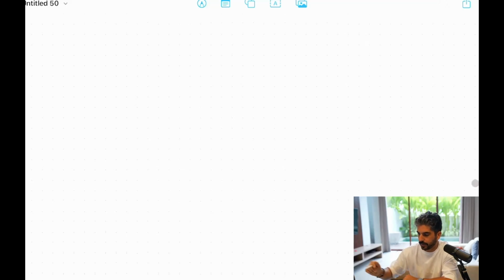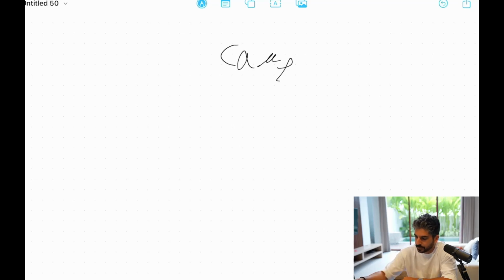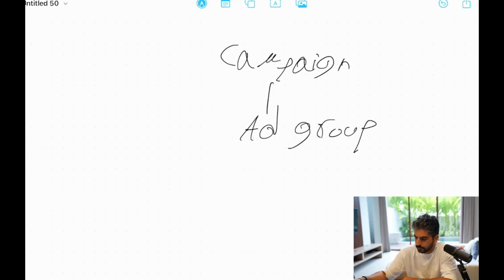So let's quickly jump into the iPad so I can review it with you. So the way people think about a campaign, first of all, let's just create a very basic structure. Okay, so a Google Ads campaign is composed of a campaign. Underneath it is an ad group. Underneath an ad group, we have two things.